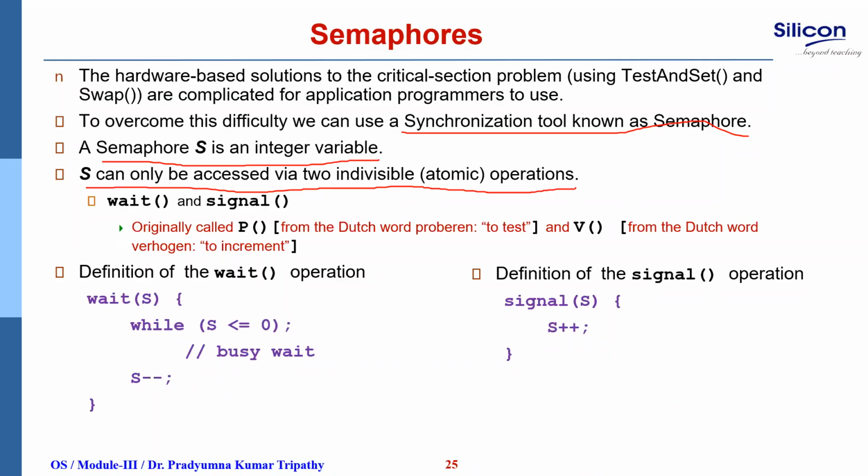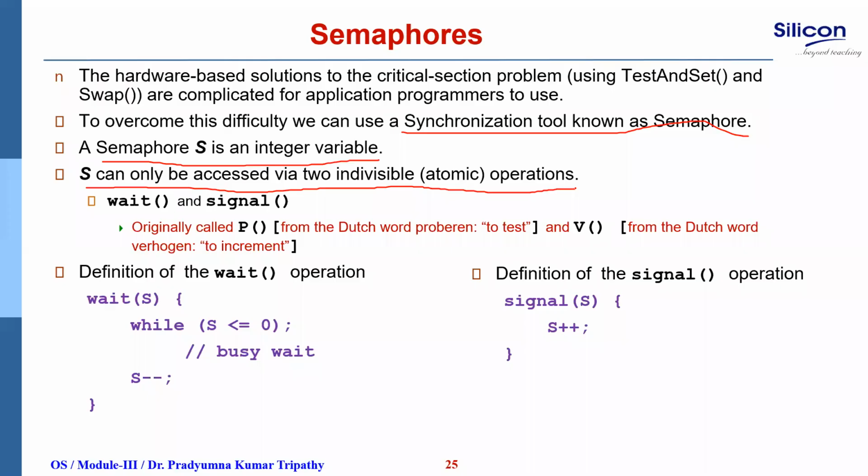Anyone who can say the atomicity property? Sir, it says that either the process will be executed fully or none of it will be executed. Yes, correct. Either all statements will be executed or none of them, all or none. They are indivisible.